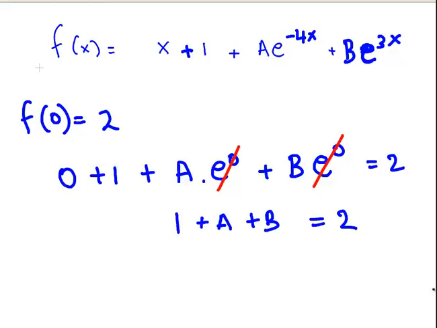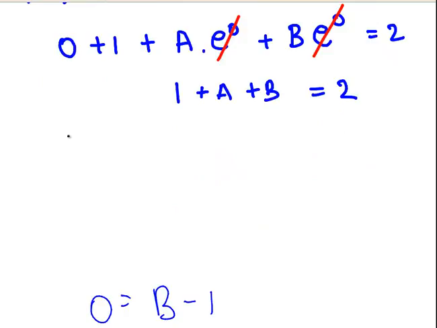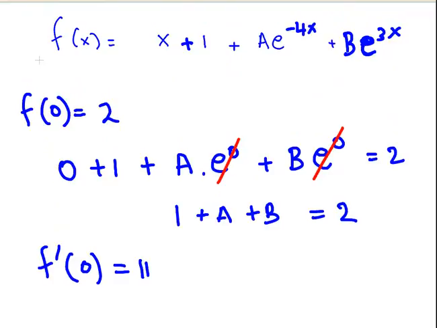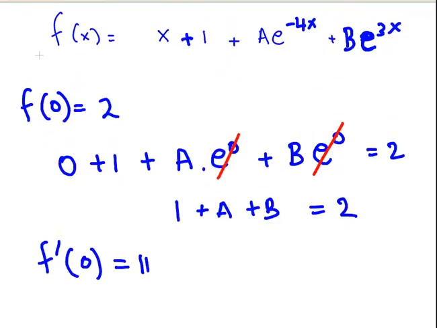And then what we're told is that f dash of x is equal to 11 when x is equal to 0. So we've got a little bit of work ahead of us now. What we've got to do is get the derivative of those there.